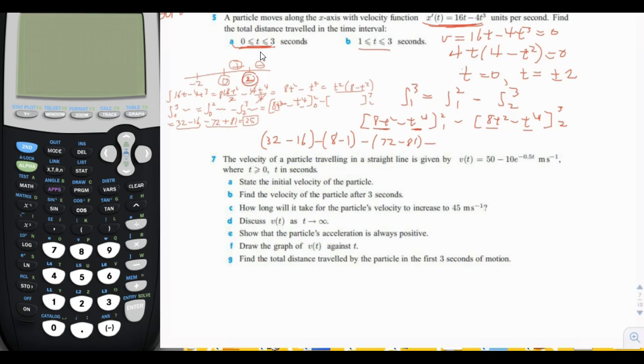And then you have a minus negative, which would be positive. You put 2 in for that, you get 32 and 16. Okay, so this gives you 16. This gives you 16. This gives you 7. This gives you positive 9. So you got 16 minus 7, which is 9, minus 9, which is 0, plus 16, which is 16. Okay, so part B, the answer is 16.